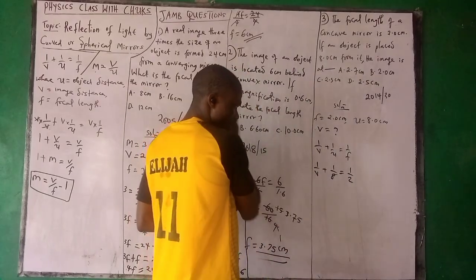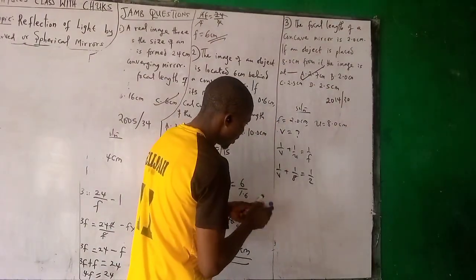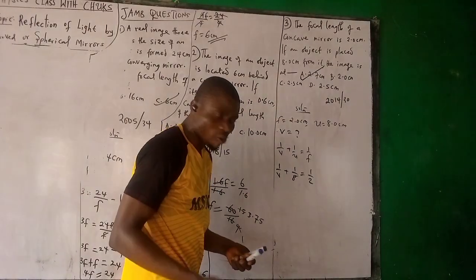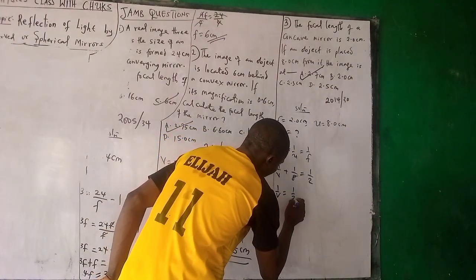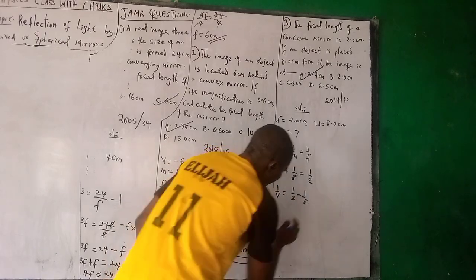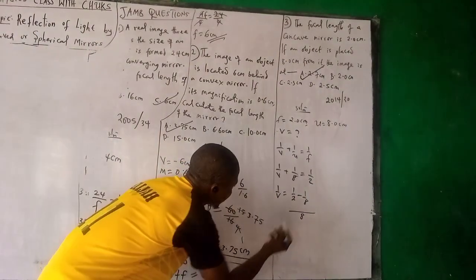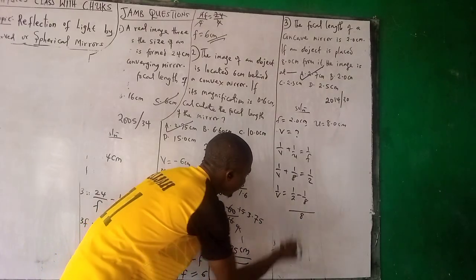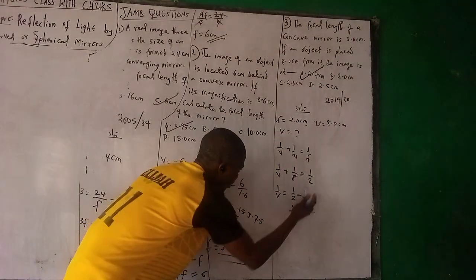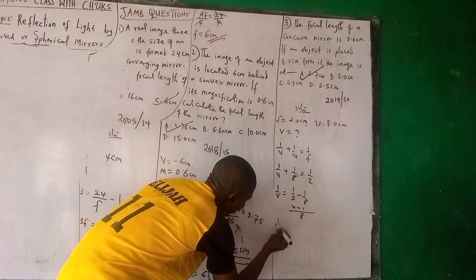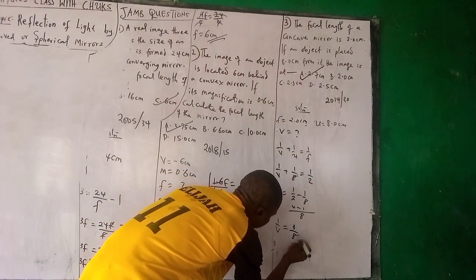Making 1 over v the subject of the formula, we have 1 over v equals 1 over 2 minus 1 over 8. LCM is 8. 2 into 8 is 4, 4 times 1 is 4. Minus 8 into 8 is 1, 1 times 1 is 1. So we have 1 over v equals 3 over 8.